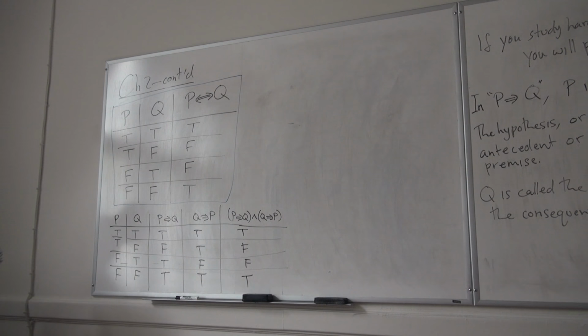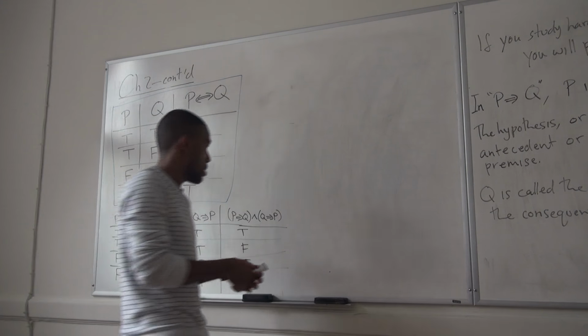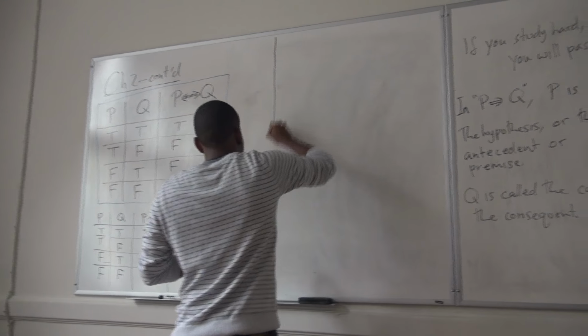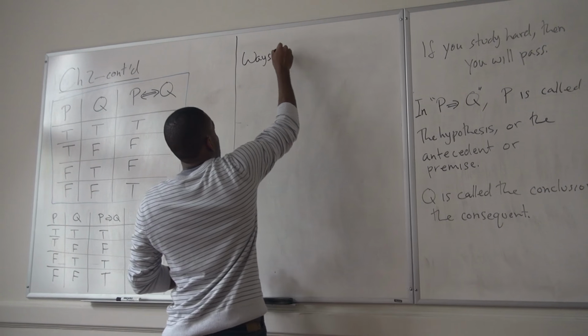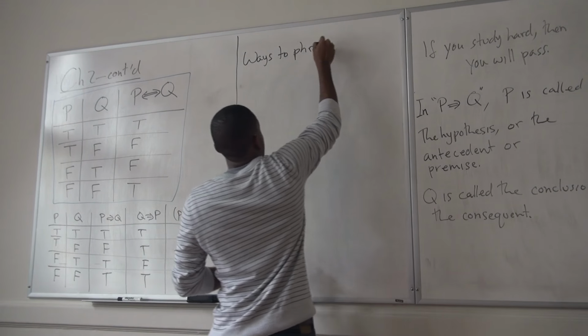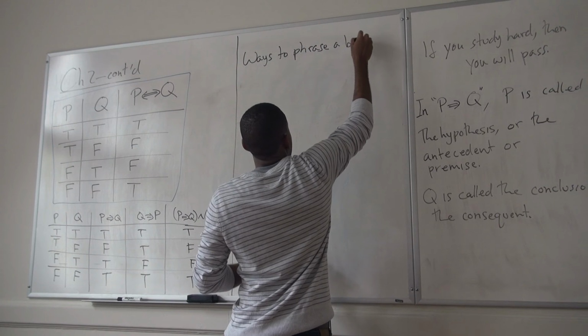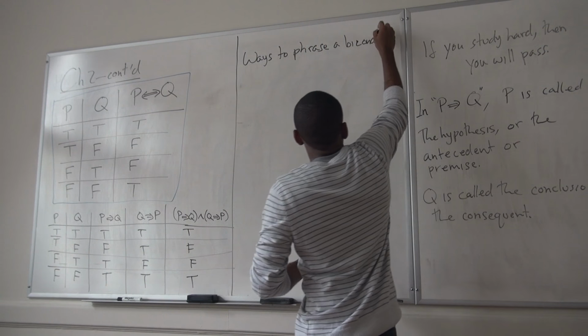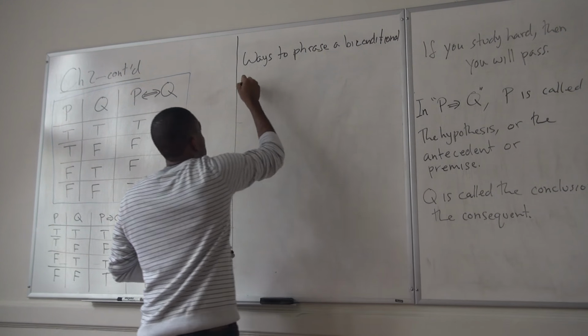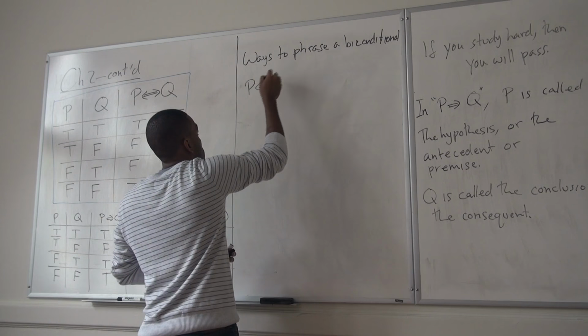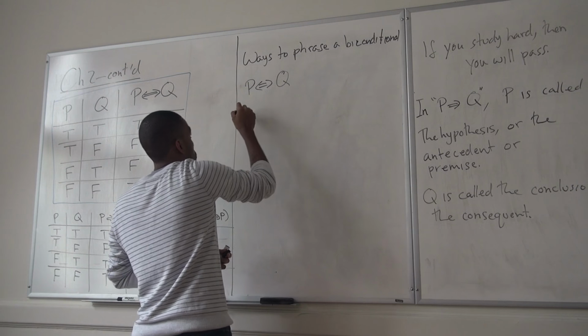We have, again, other phrases. Ways to phrase the biconditional. So P implies if and only if Q is one way.